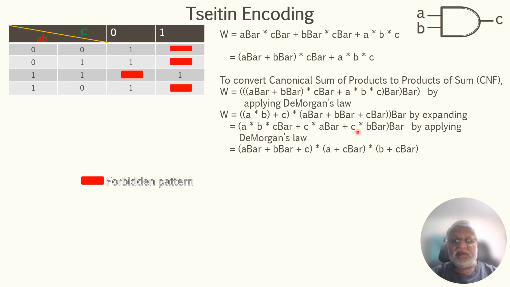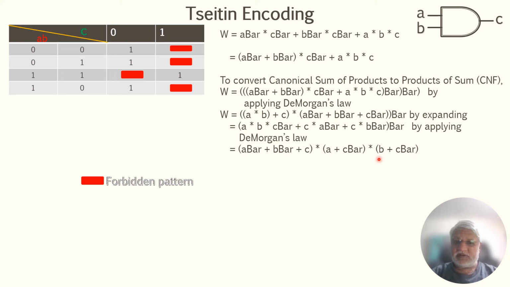Now again we apply De Morgan's after expansion. We get A bar plus B bar plus C, and A plus C bar, and B plus C bar. So this equation is in CNF form.